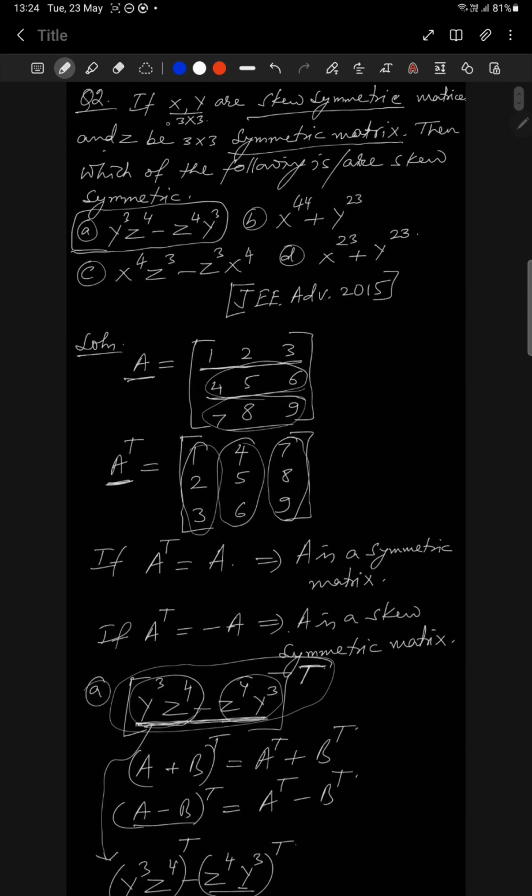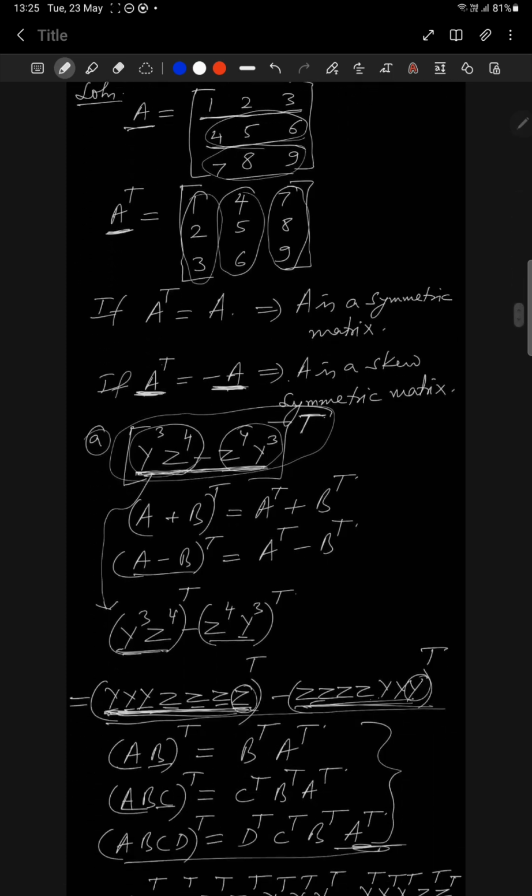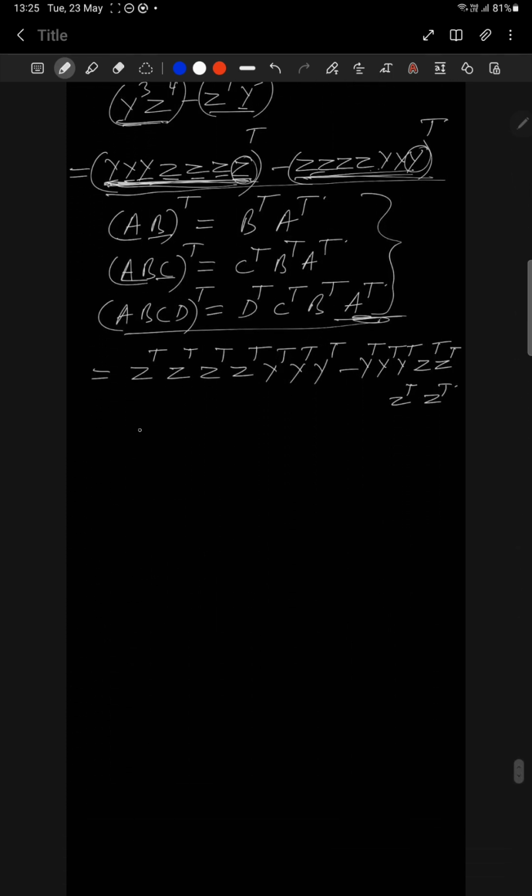Now we are given that x and y are skew symmetric, alright, and we have taken over here if A is skew symmetric, then the A transpose is equal to minus A, and x and y both are skew symmetric given, so it means what? x transpose is equal to minus x and y transpose is also equal to minus y.